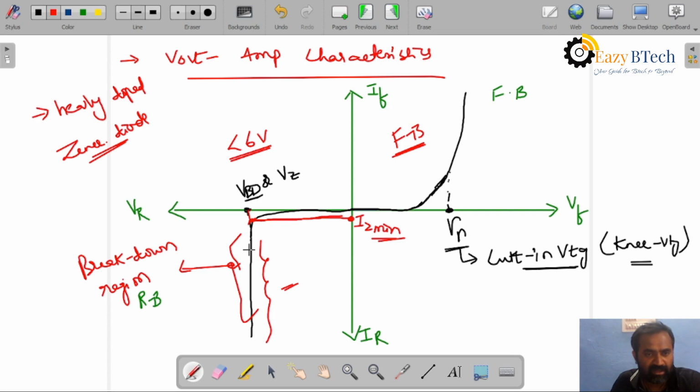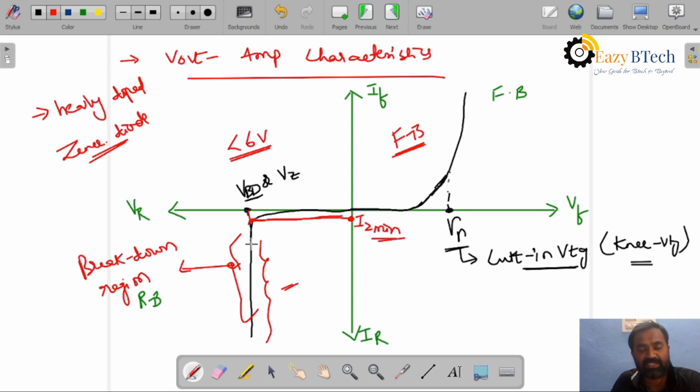Suppose Zener diode, you can see the major application. Zener diode is used to handle more reverse current, whereas an ordinary PN junction diode is not applicable. Self damage of the diode can take place for an ordinary diode because its breakdown voltage increases and breakdown current increases.